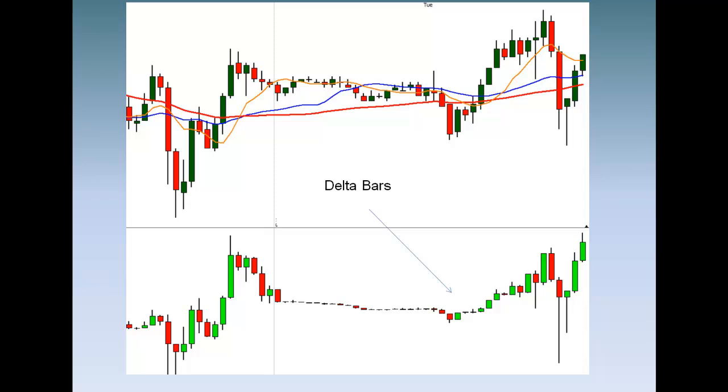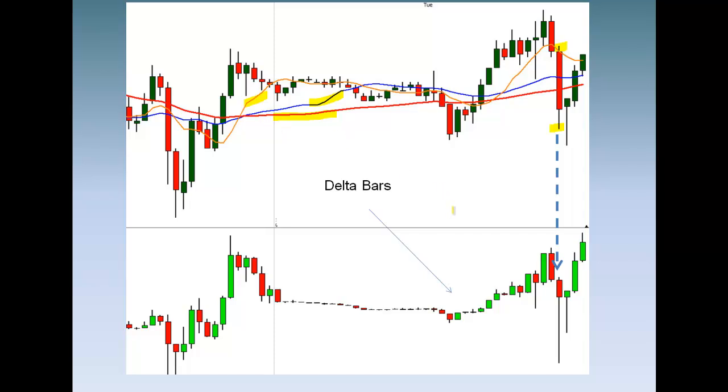So the delta bars, for instance, if you take a look here and let's do a comparison, can give us some very interesting insights. Take a look at the actual 30-minute period bar up here, and again, this is a 30-minute chart, and if you take a look, the red is the 50 simple moving average, the blue is the 20 simple moving average, and the orange is the 8 simple moving average, just so you'll know what the averages are.